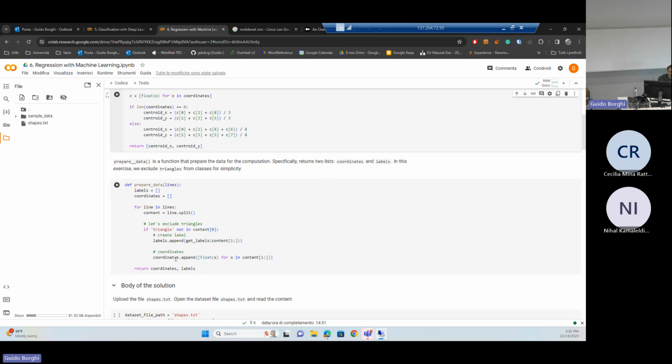Then we are going to create 2 lists. The first list that we return contains the coordinates of the geometric shapes, while the second list contains the labels. Remember that in this case, a single label contains the 2 coordinates of the centroid of the geometric shape.